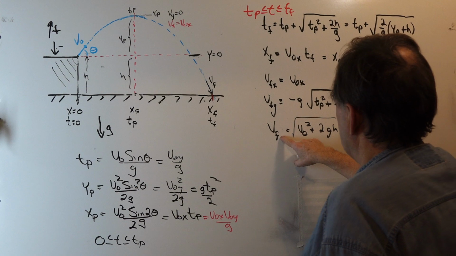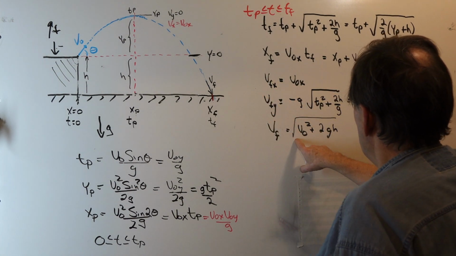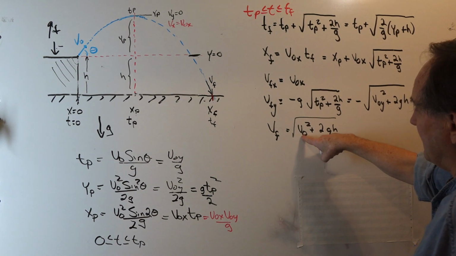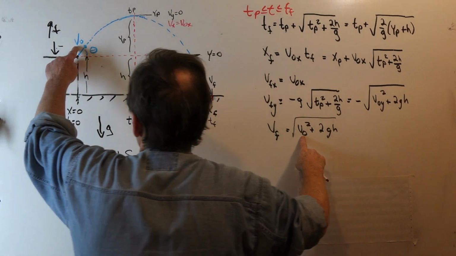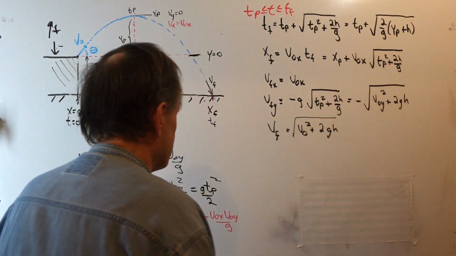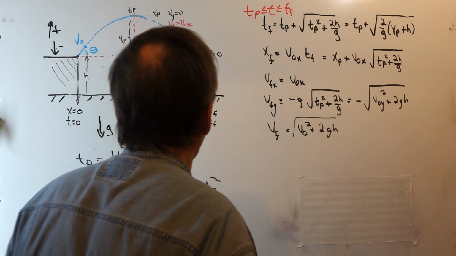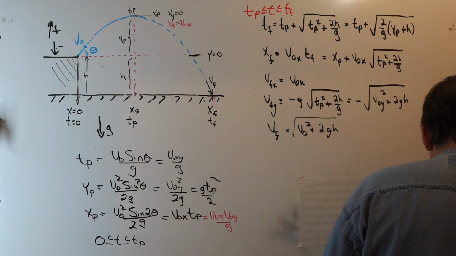Now the final velocity is the square root of the sum of the squares of these two, and we just showed it to be the square root of the total initial velocity v0 squared plus 2gh, which is an interesting form. So now we have everything we need to solve the problem that was given.